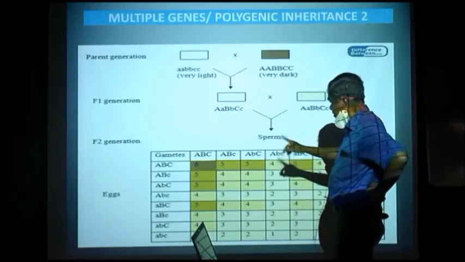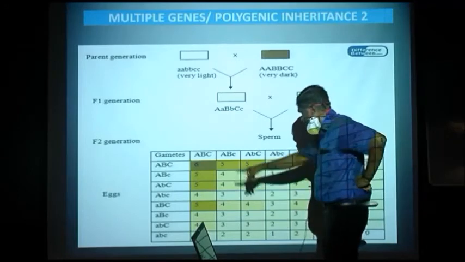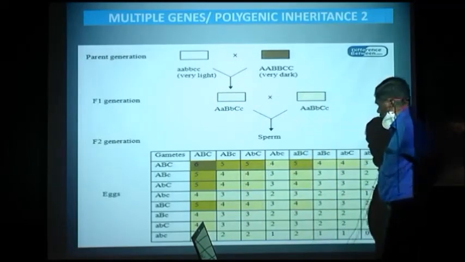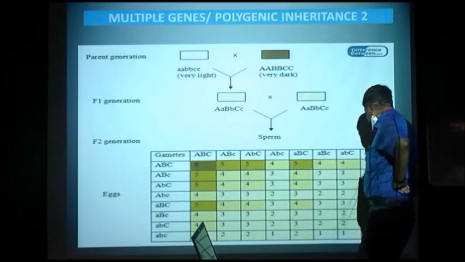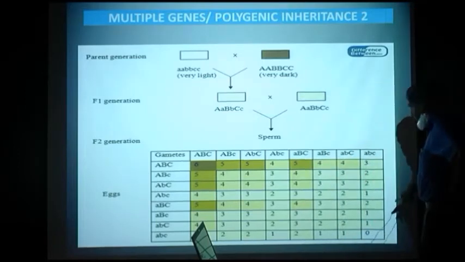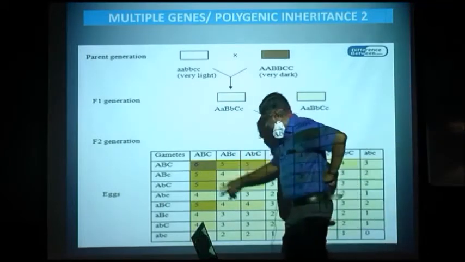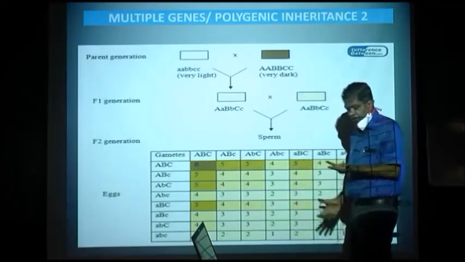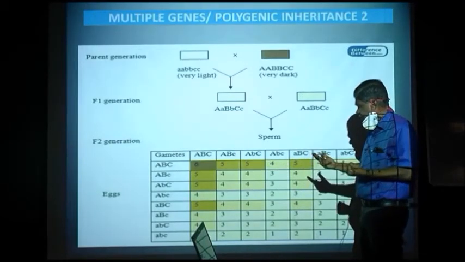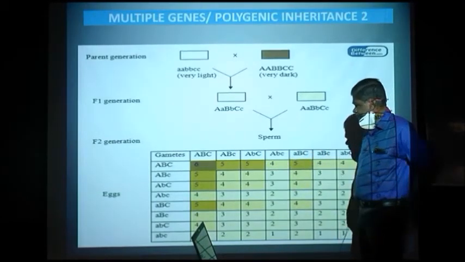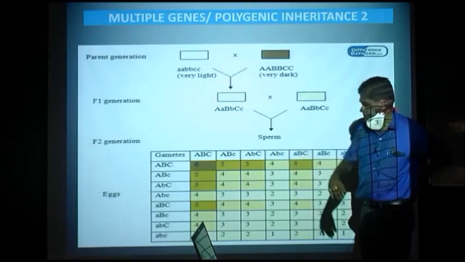And in sperms and eggs, this is the condition. We get 7 types of phenotypes, 0 to 6, that is 0, 1, 2, 3, 4, 5, 6. 7 shades will come.